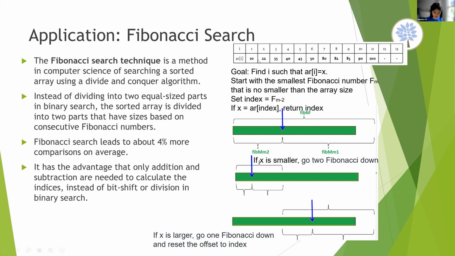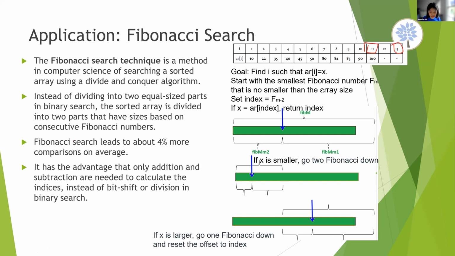So here's a demonstration from an ordered array of numbers. The goal is to find i such that the value at index i is x. So we start with the smallest Fibonacci number that is no smaller than the array size. In this case, if the array size is 11, we'll go with 13.